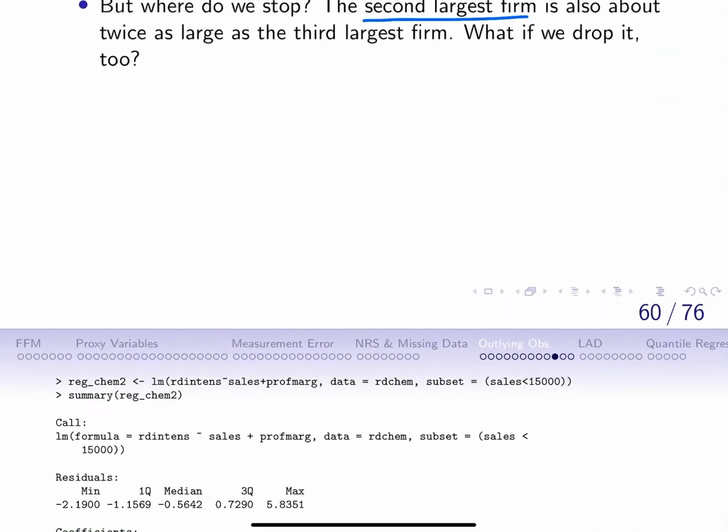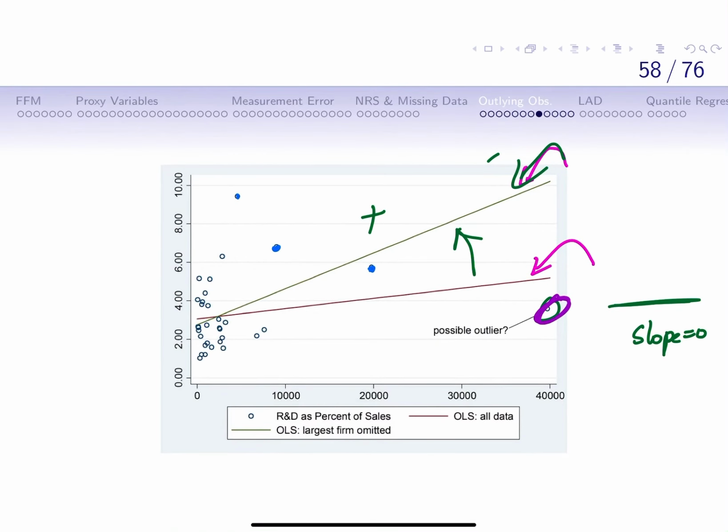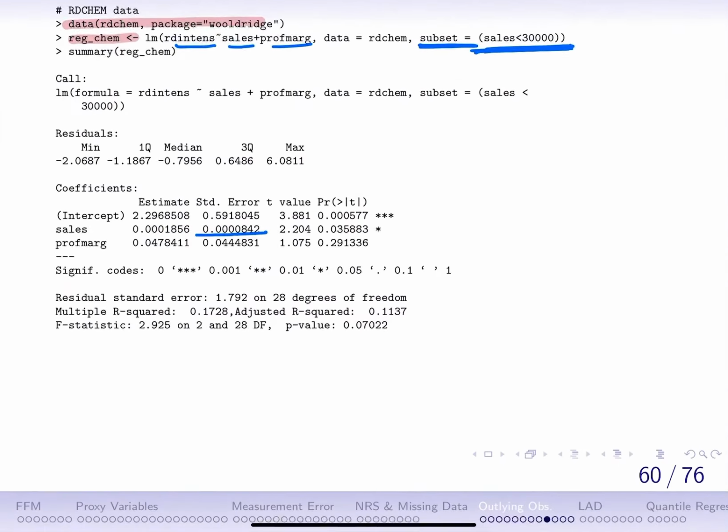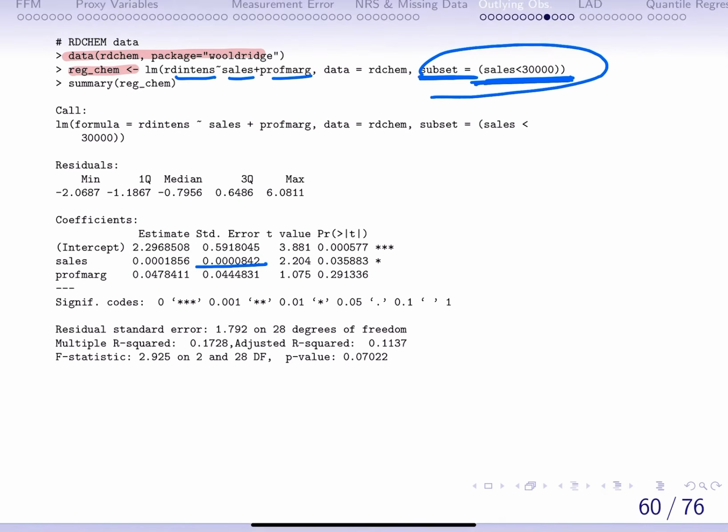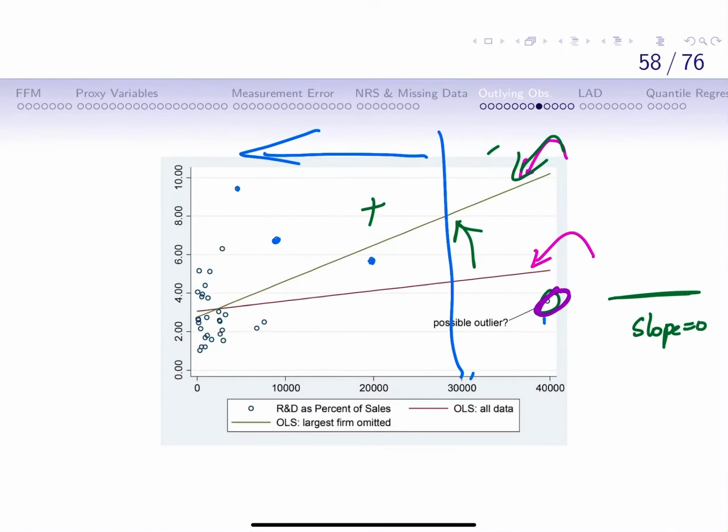If you look at the plot here, we said 30,000 was the cutoff, so we said include everybody who is to the left side of the chart. That's why we subset the data to only include values where sales was below 30,000. And that's why that line changed.